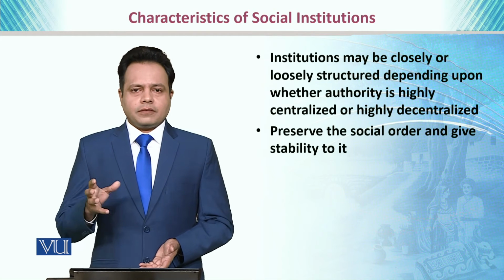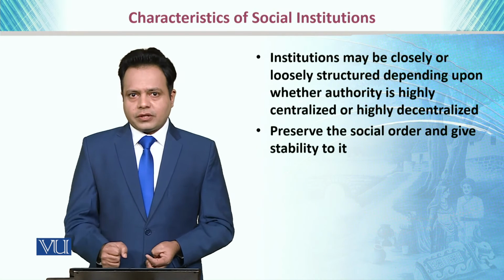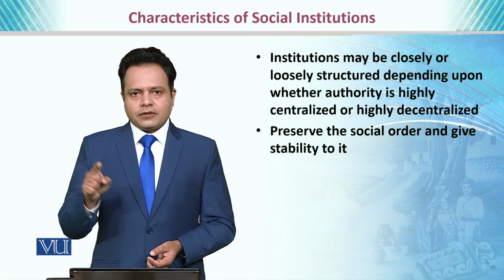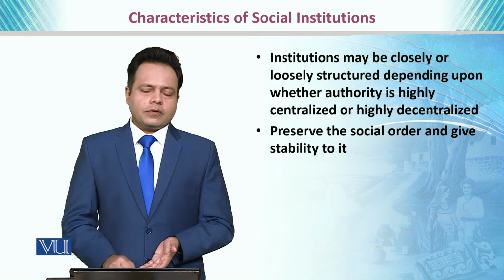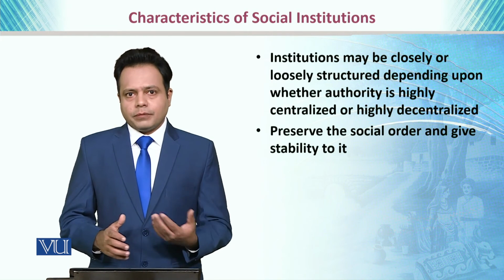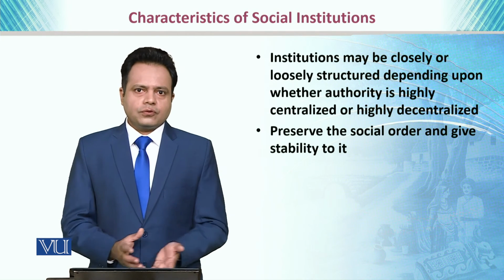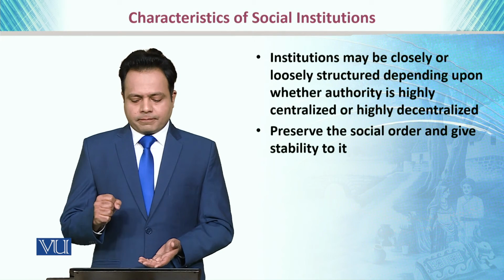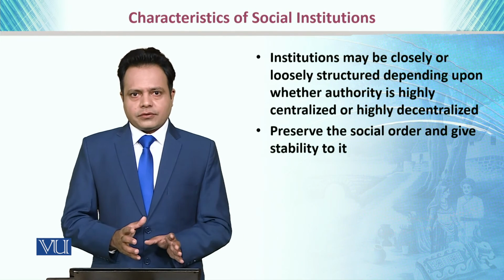For example, in a formal law enforcing institution, the authority would be highly centralized, and social control is based on a certain hierarchy as well as the authority of that social position. It preserves social order and gives stability, because the ultimate purpose of social institutions is to produce stability, interdependence, and social control for the betterment of society.